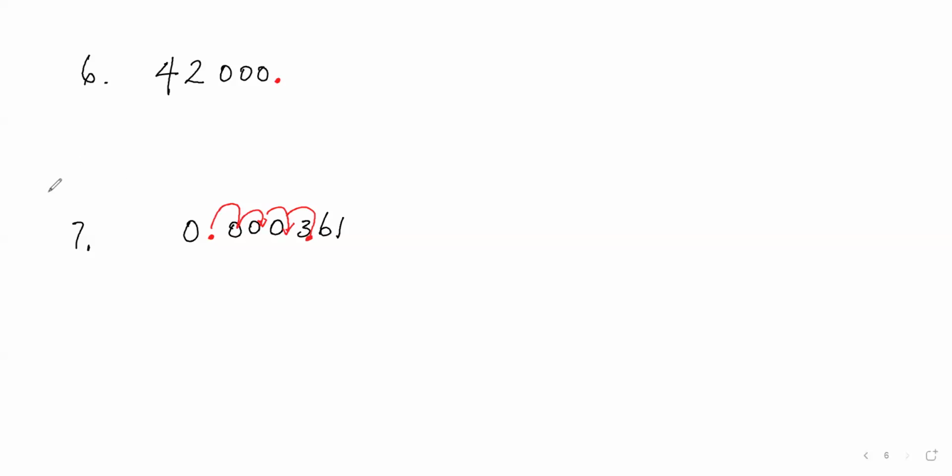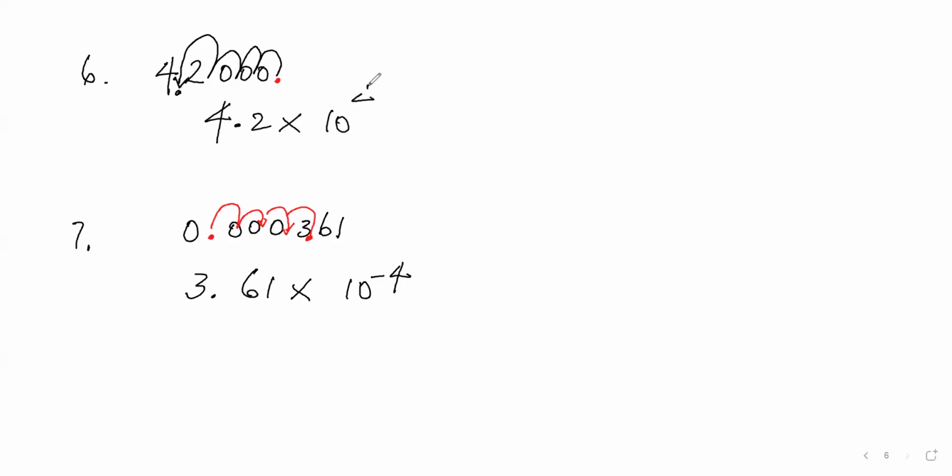So this number is 3.61 by 10 to the negative 4. This one you're moving your place 1, 2, 3, 4 as well. So it's 4.2 by 10 to the 4th.